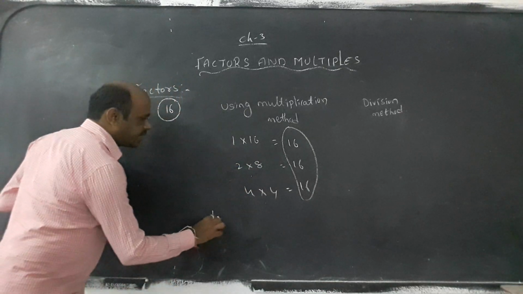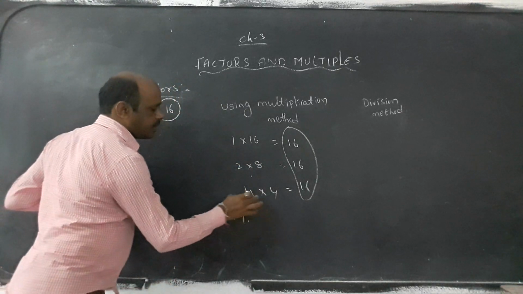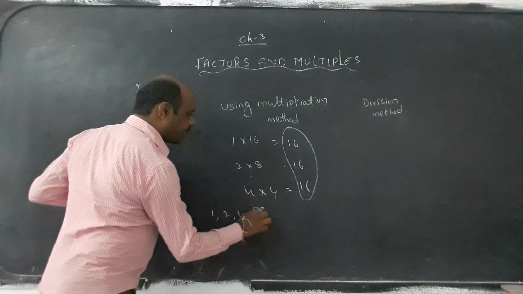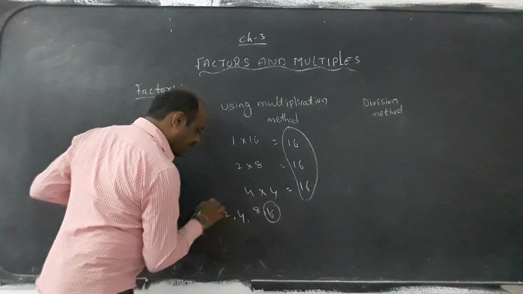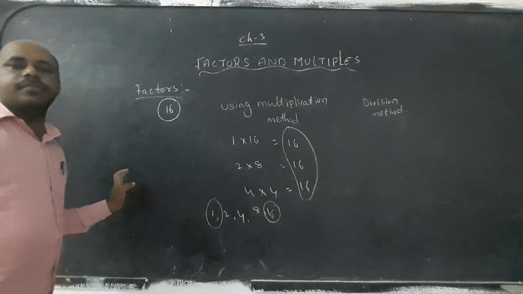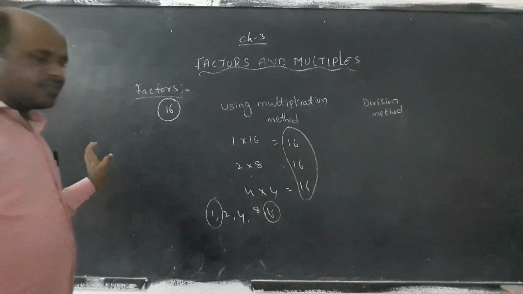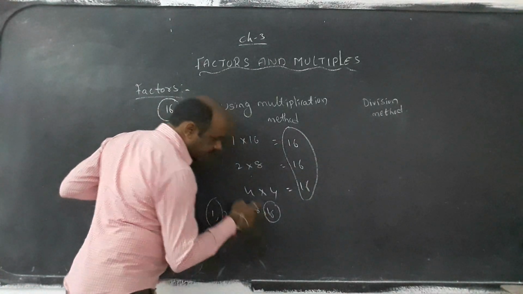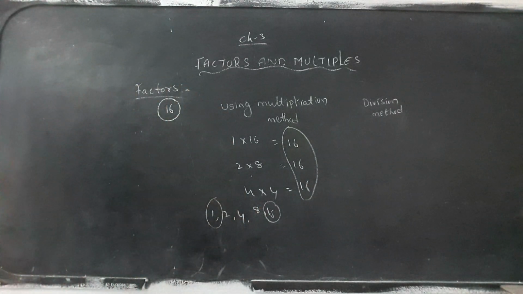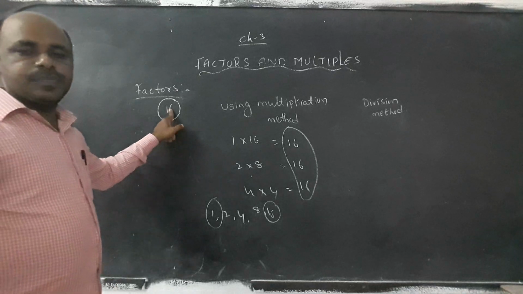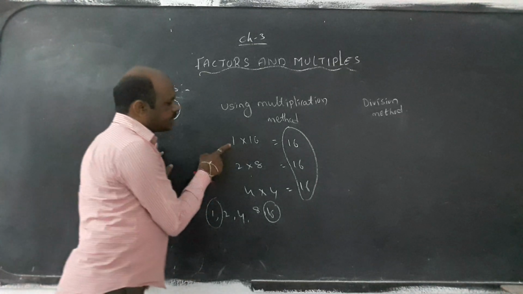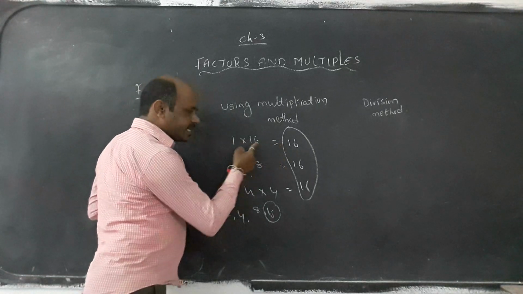We got 1, 2, 4, 8, 16. Every number has itself as a factor, compulsorily. So 1, 2, 4, 8 and 16 are the factors of 16. This way, 1 sixteen is 16, 16 ones are 16.